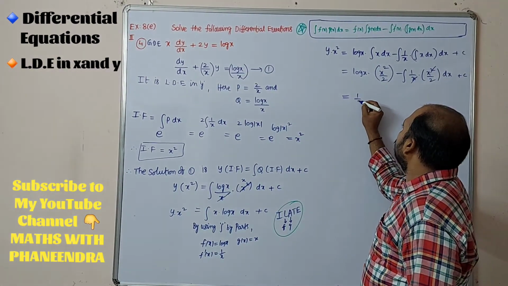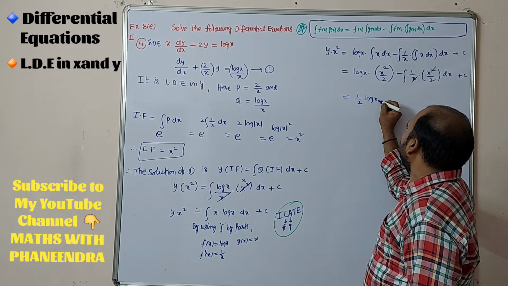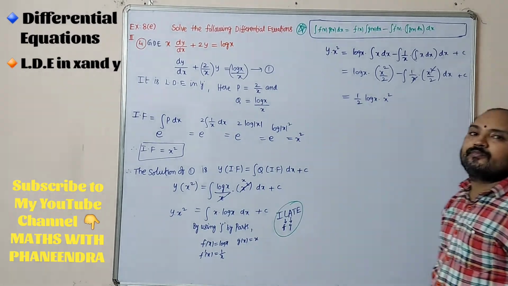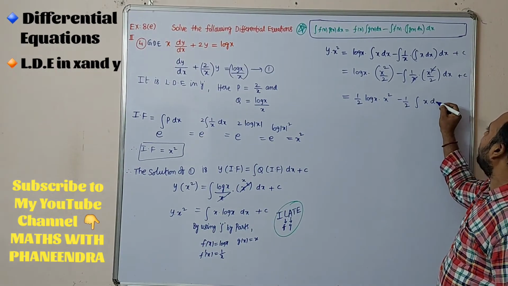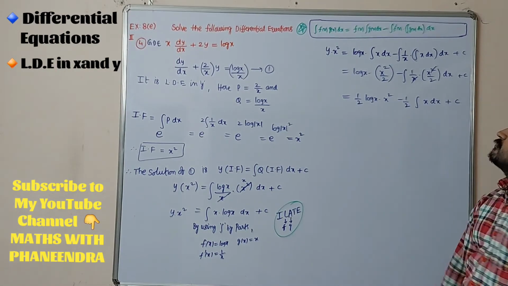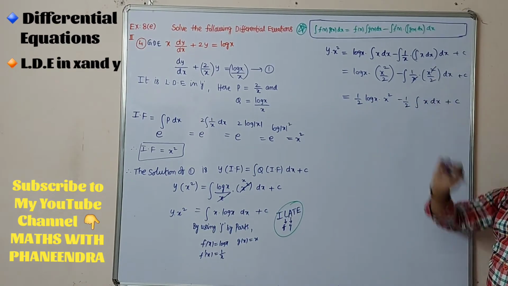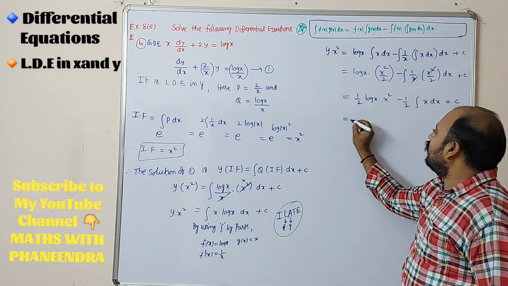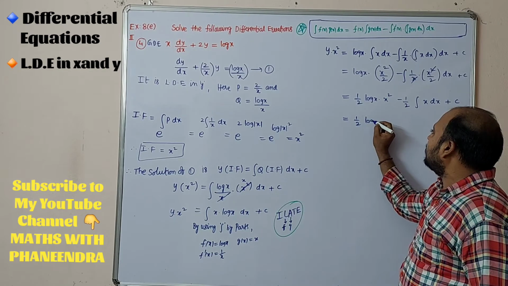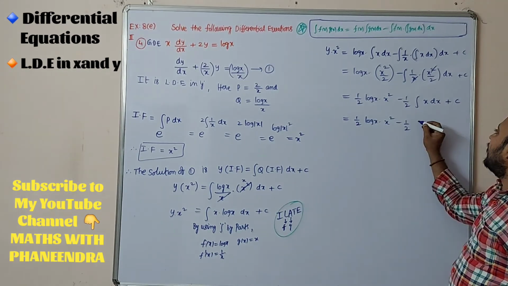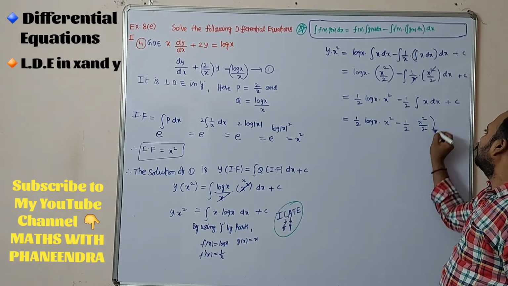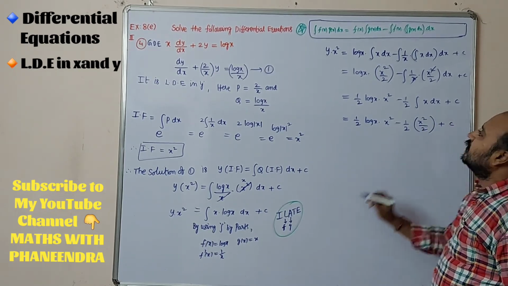So 1 by 2 into log x into x squared, minus 1 by 2 into integral x dx plus c. X cancels, 1 by 2 we can take outside. So 1 by 2 log x into x squared minus 1 by 2 integral x dx is x squared by 2 plus c.